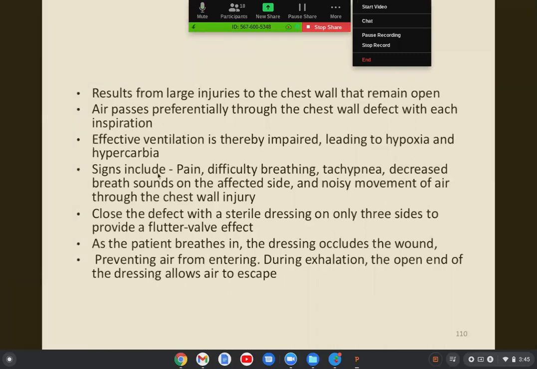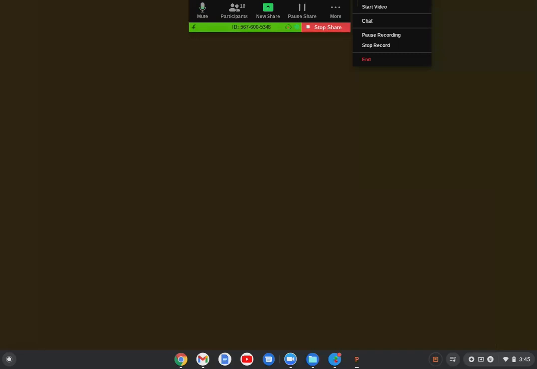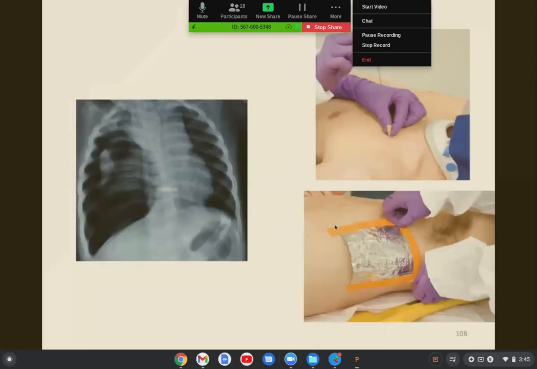Signs of open pneumothorax are pain, difficulty breathing, tachypnea, decreased breath sound on the affected side, and noisy breathing. What we do in this is we close the wound with a sterile dressing on 3 sides.